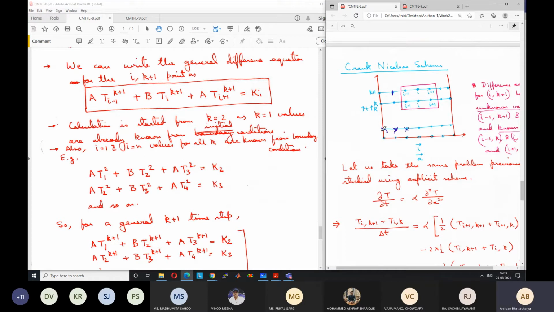So these 3 points are equal to K2, where K2 has all the information about these 3 points. We have already seen K2 has already the information about these 3 points.